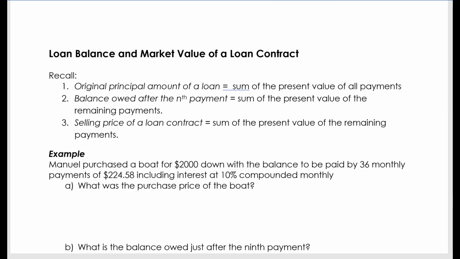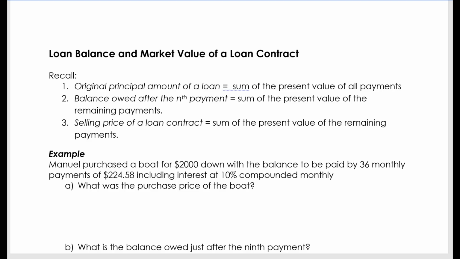Okay, some other applications of present value are loan balance and market value of a loan. Recall that the original principal amount of a loan is equal to the sum of the present values of all the payments. And the balance owed after a specific payment is the sum of the present values of the remaining payments.